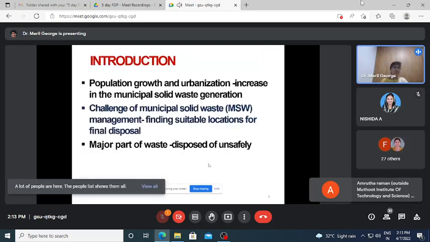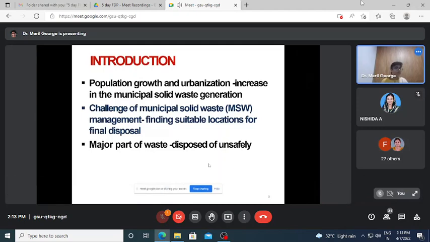As we all know, the rate of population growth and urbanization is drastically high nowadays, and rapid urbanization results in the consumption of more resources and generation of waste. As per the available data, the municipal solid waste generated in urban India is more than about 55 million tons per year, with about 5% yearly increase.